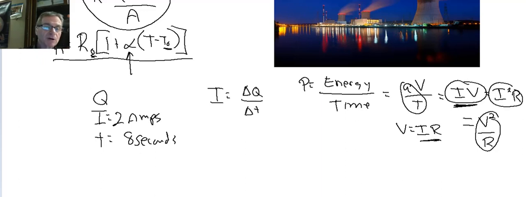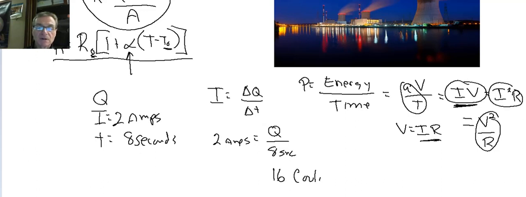And so our current here is 2 amps, so 2 amps is equal to Q divided by 8 seconds. If we multiply the 2 amps times the 8 seconds, what we have is 16 coulombs of charge, which is a lot of charge. So 2 amps is a pretty hefty current.